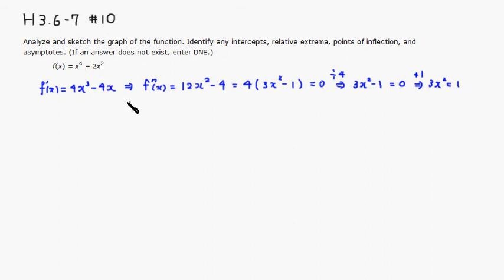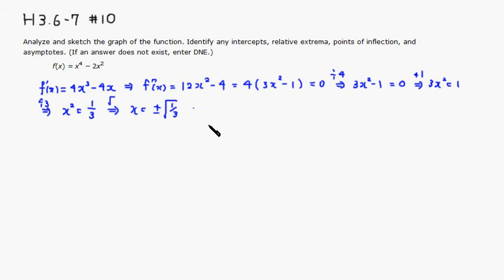I guess I have to go down here. All right, and divide through by 3. So that will give us x squared is equal to 1 over 3. Then we can take the square root of both sides. So x is going to be equal to plus or minus square root of 1/3, right?